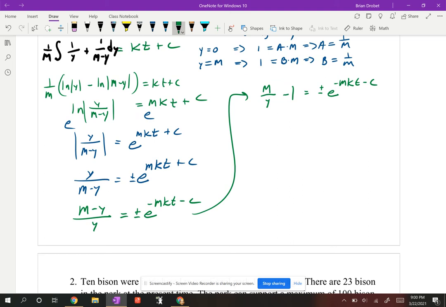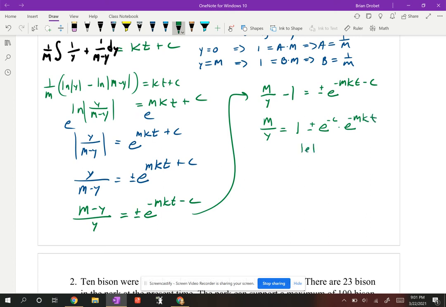Now, at this point, I'm going to do a little bit of rearranging. I'm going to add 1 to both sides. I'll have m over y is equal to 1 plus or minus, and now I can rewrite the e to the negative mkt minus c as e to the minus c times e to the minus mkt.